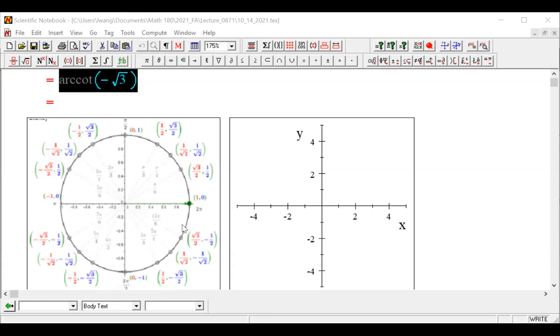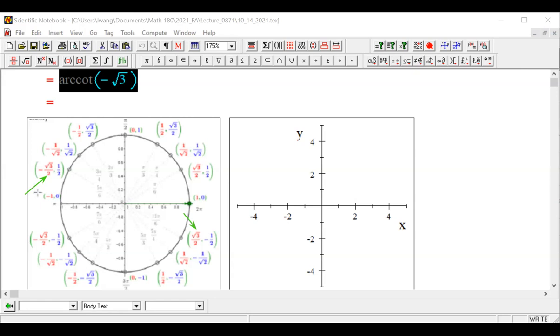This ratio gives us the arc cotangent negative root 3 ratio. What else gives the similar ratio, red divided by blue? This guy, right?